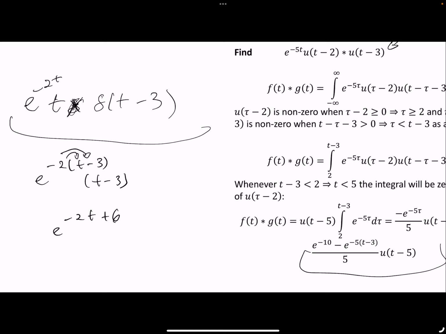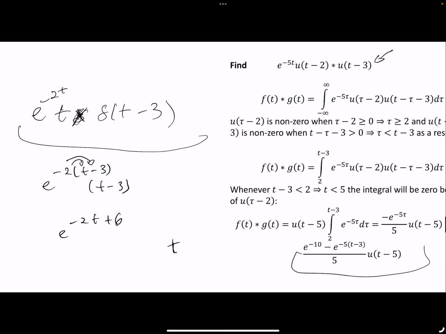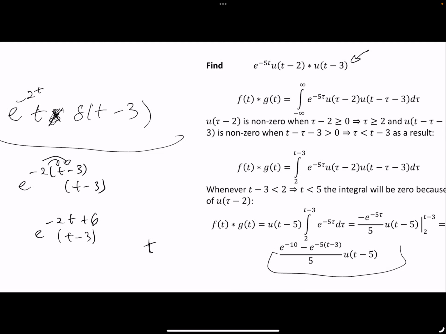So make sure that whenever you do any kind of replacement, you just put it in parentheses. Same thing when you apply this t minus tau, just put the t minus tau in parentheses, you'll be fine. T minus 3, okay. So that's convolution.